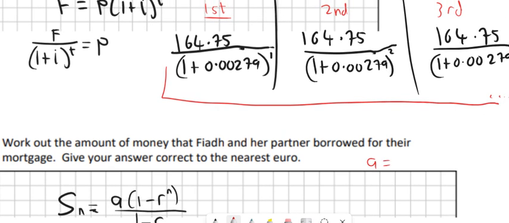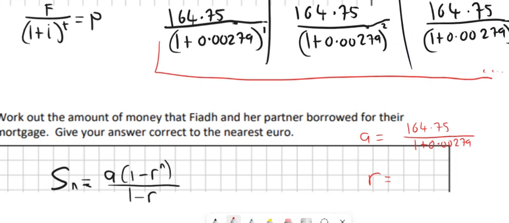So A would be just 164.75 over 1 plus 0.00279. That's our first term. R would be what it's being multiplied by each time. To get from the first term to the second term, we're multiplying the bottom by 1 plus 0.00279 each time.